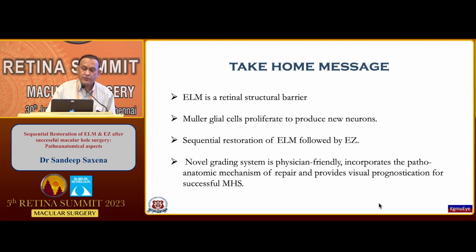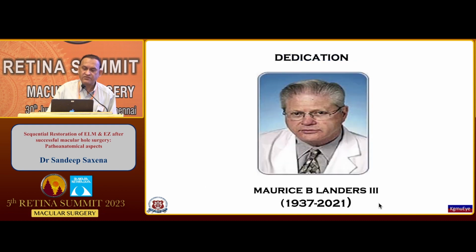There is a sequential restoration of the ELM, which is followed by the EZ, and our novel grading system provides a physician-friendly approach. It incorporates the pathoanatomic mechanisms of repair and provides visual prognostication for a successful macular hole.